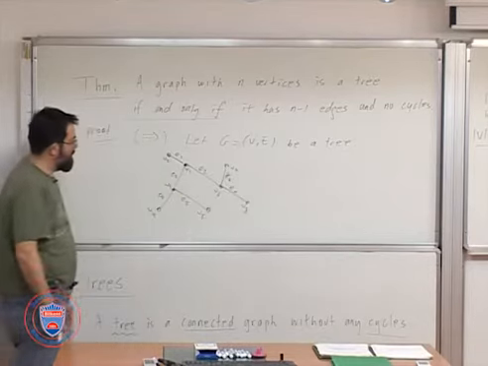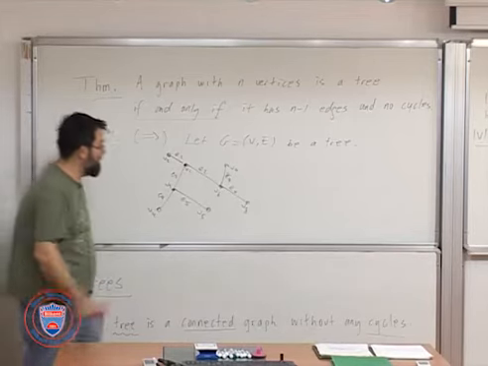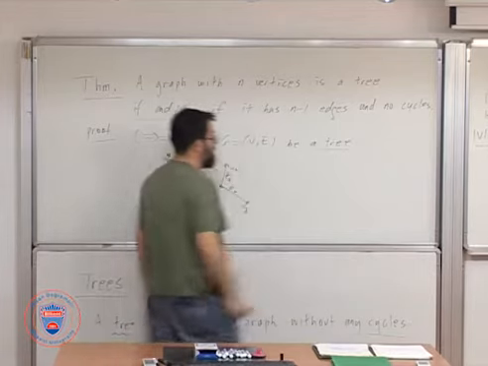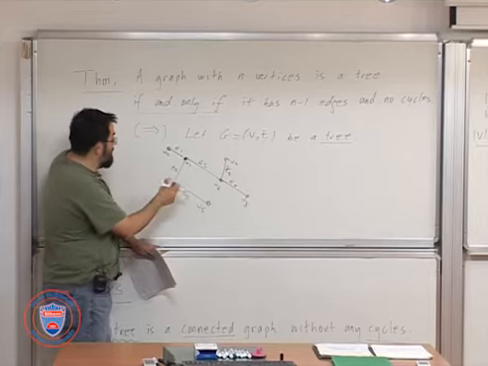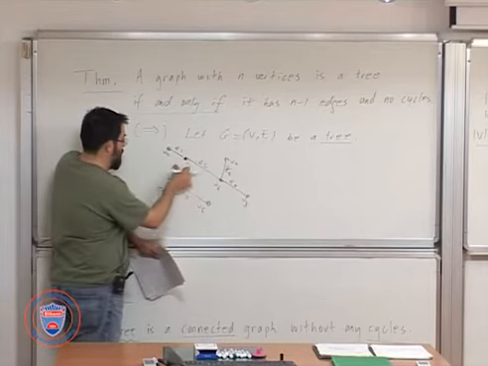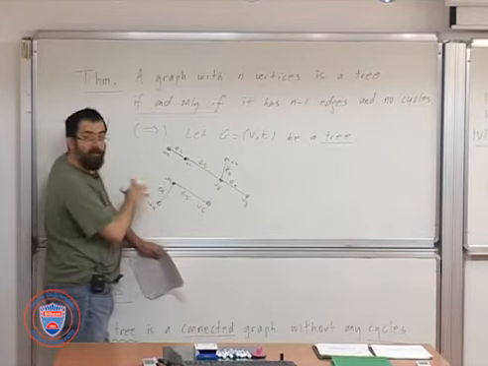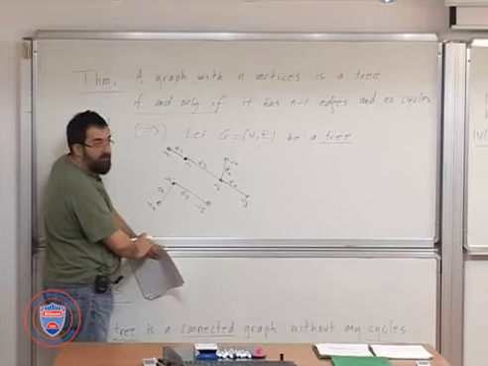Okay. So the argument is that given a graph like this, which is a tree, anytime you choose an edge and erase that edge, the graph becomes disconnected.